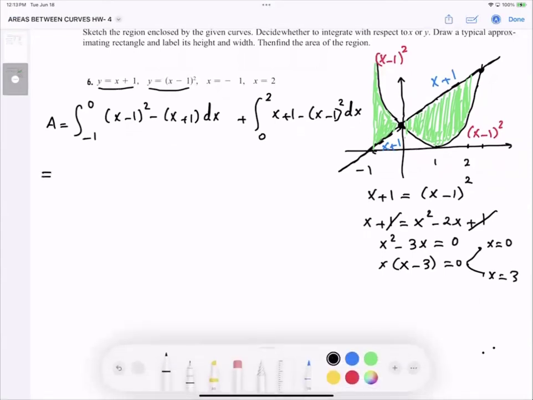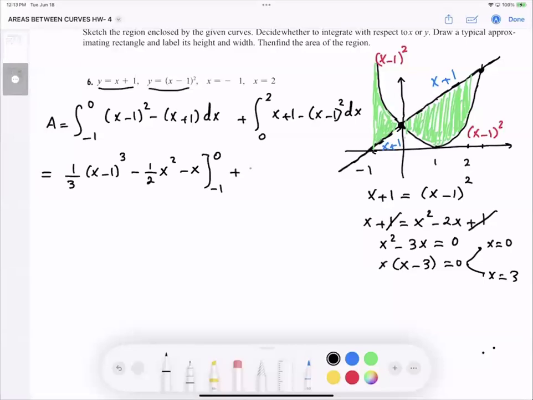So this is equal to, for (x minus 1) to the second power, you can use u sub. It becomes a third (x minus 1) to the power 3, and minus x is -1/2 x squared, minus 1 is -x, from -1 to 0. The same process for the second integral.